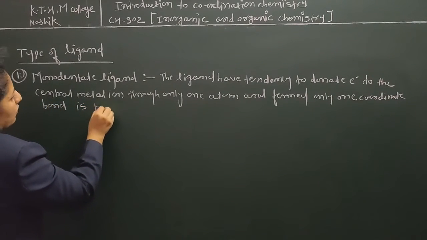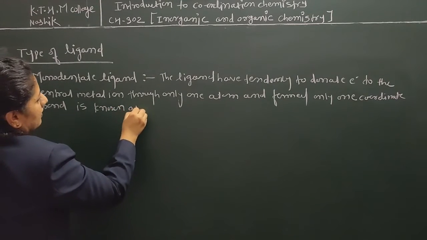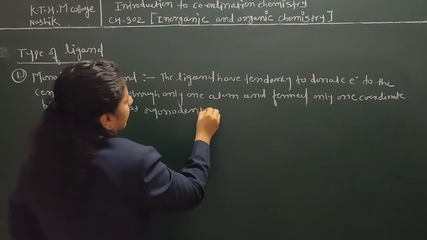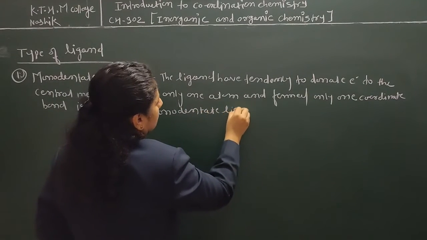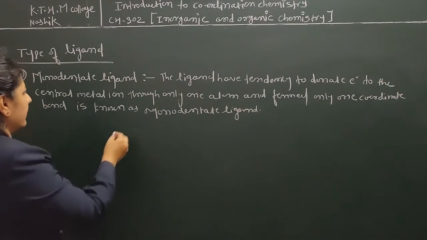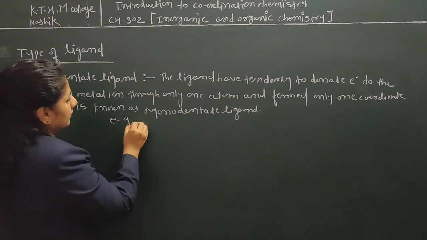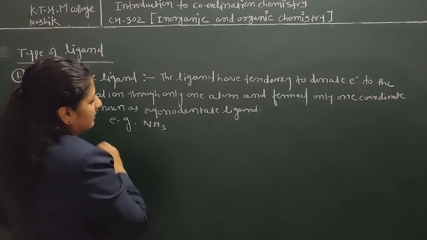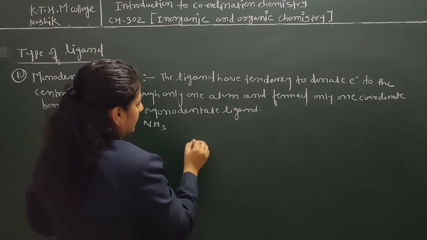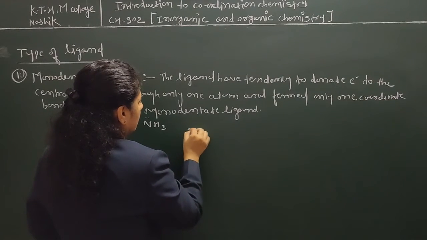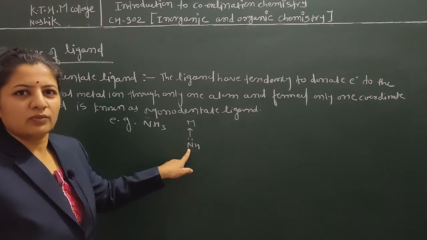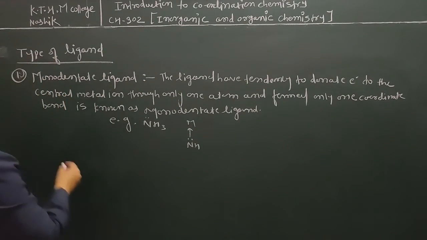It is known as a monodentate ligand. An example of a monodentate ligand is the ammonia molecule. As we know, ammonia has one lone pair, so it can donate this lone pair to the metal atom. That's why ammonia is a monodentate ligand.